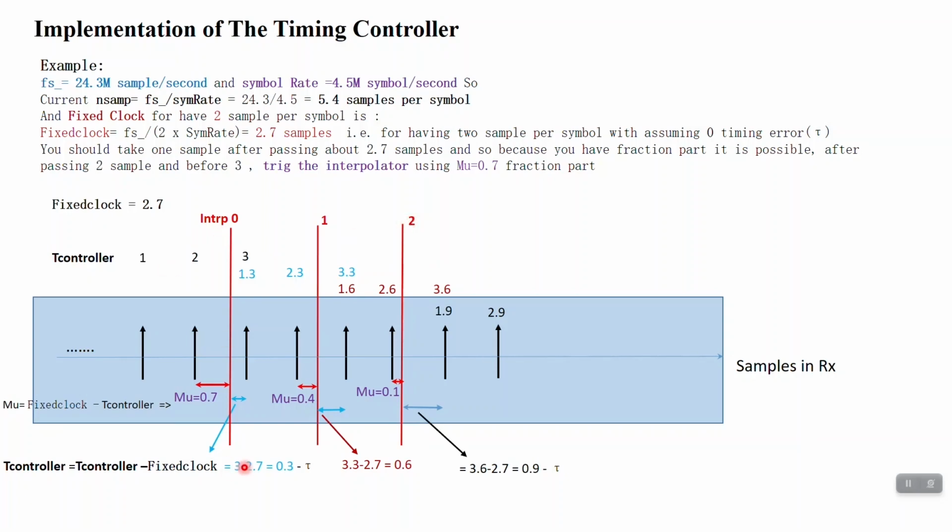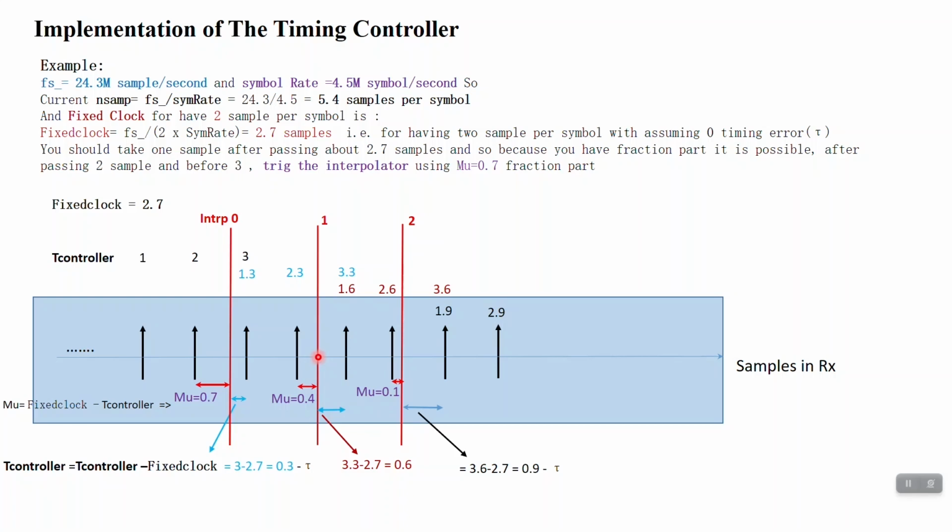Here you also apply the same formula, subtract after the calculation of timing error by the Gardner, subtract from T controller, and update the controller of initial after this moment and also after this moment.